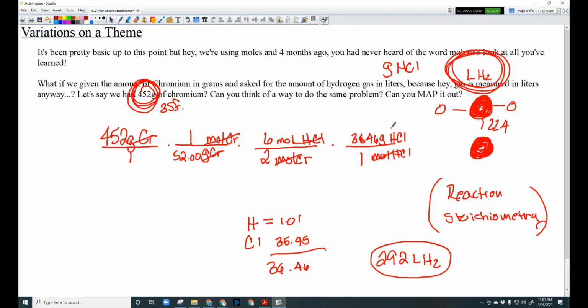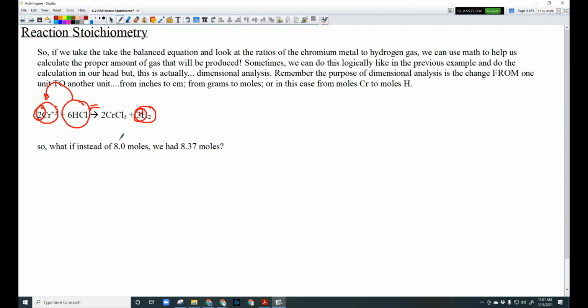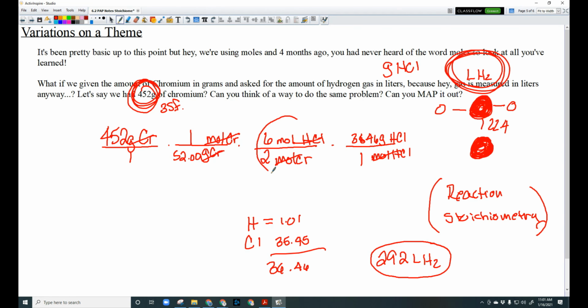We could also ask, if you have 452 grams of chromium, how many grams of chromium chloride could you produce? So we could ask a lot of questions, and the only thing that's going to change is this right here.